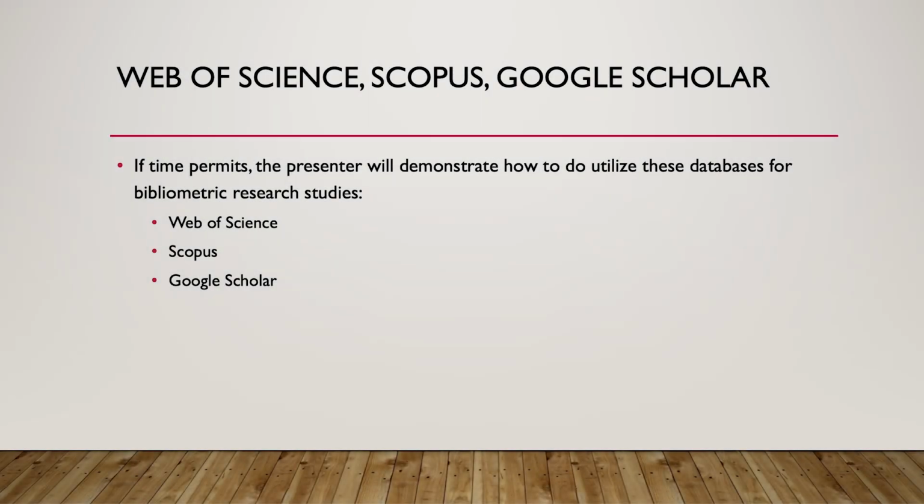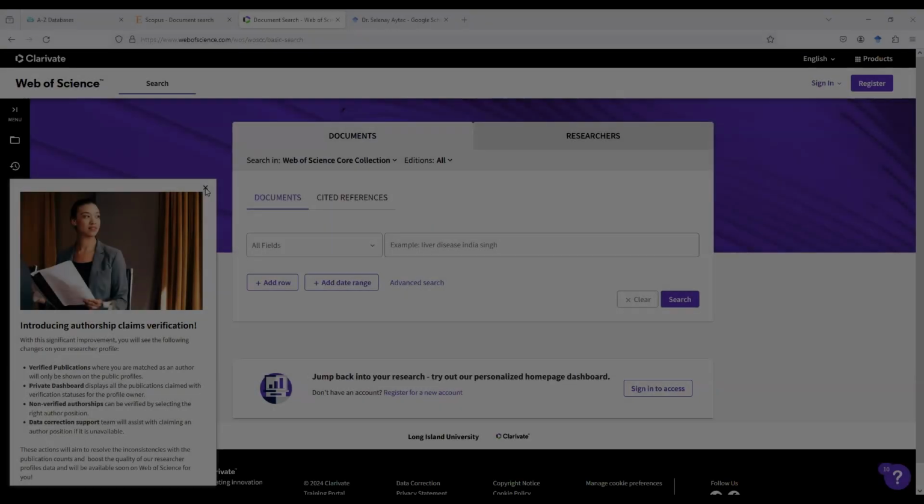So if I have a few minutes left, what I would like to do is show you a few databases now and how we use these databases for bibliometric studies. First of all, I will share my screen for Web of Science.